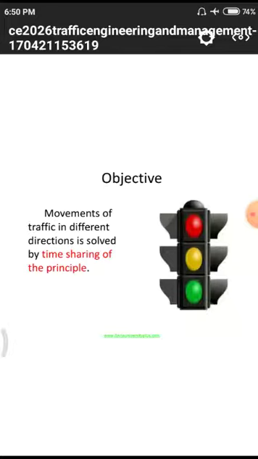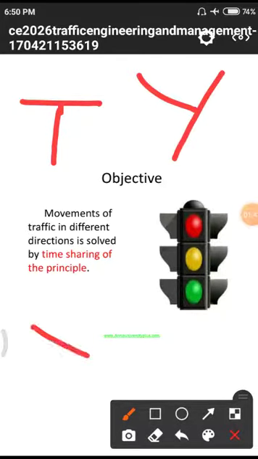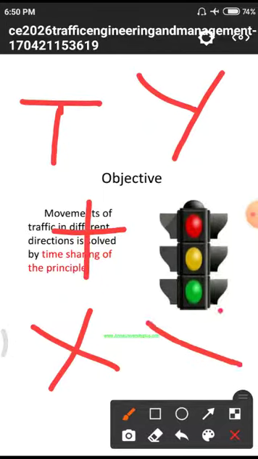Normally in cross sections we have different kinds of lanes. Once I will show those with diagrams. This is a normal T intersection, Y intersection, X intersection, plus intersection, and pentagonal.